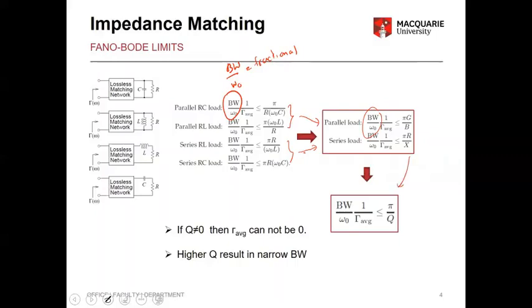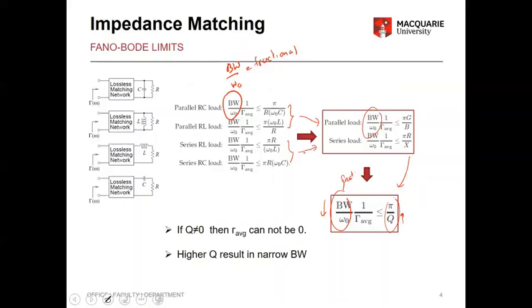So the fractional bandwidth here is proportional to 1 over your Q factor. So the higher the Q, you get a smaller bandwidth. That means if you have more inductive or capacitive elements in a circuit, if they're more reactive parts, you tend to have higher Q. That means you get good rejection, but you have very small bandwidth.